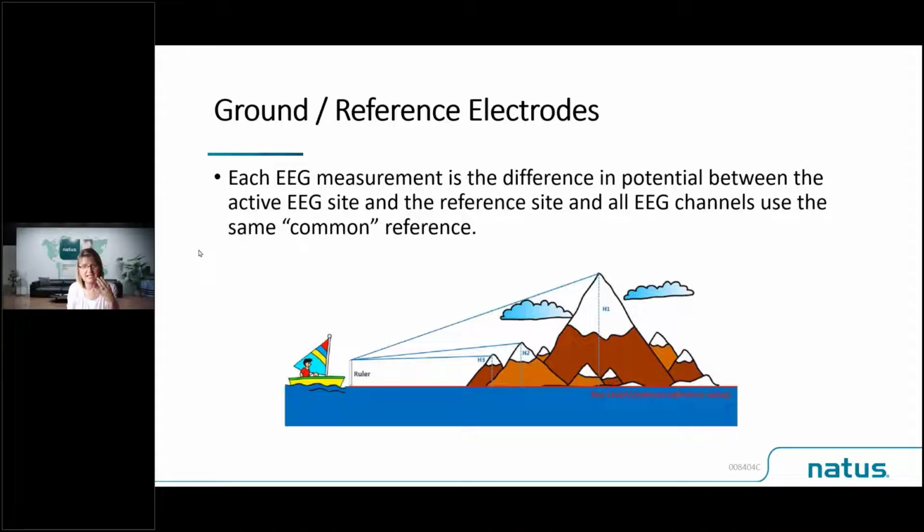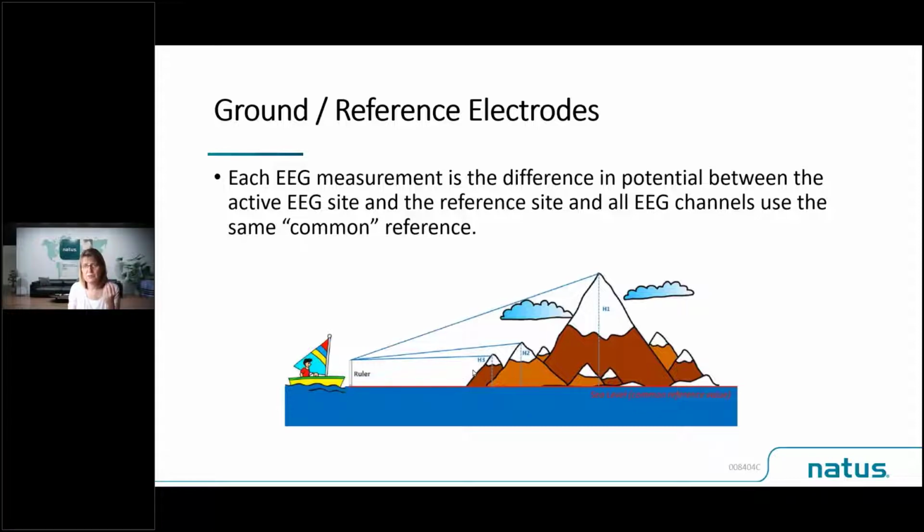So we're going to try to put this into a real life scenario because you guys are probably looking at the picture and thinking, why have we got a ship on the ocean and mountains in the background? So we're going to take this scenario and try to explain how the ground electrode is actually working.